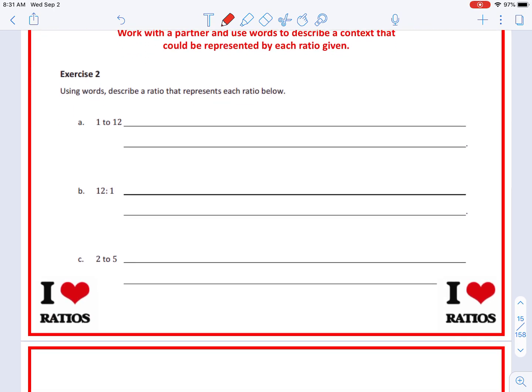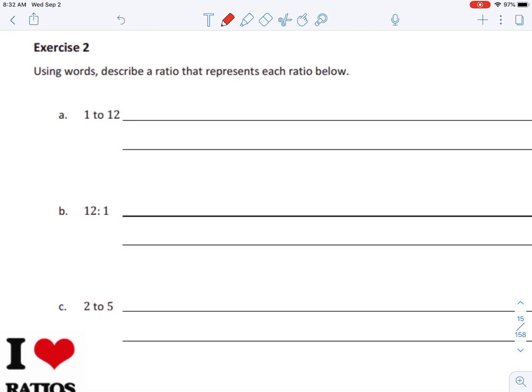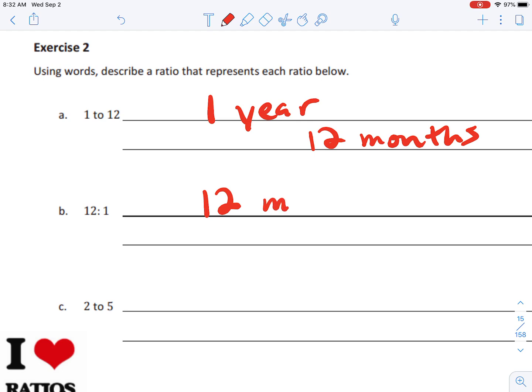So it says, using words, describe a ratio that represents each ratio below. So in our assignment today, you are going to need to come up with your own descriptions of a ratio. Okay, so looking at letter A, 1 to 12. A good one for this, for 1 to 12, would be for every 1 year, there are 12 months. Now 12 to 1 would be for every 12 months, there is 1 year.